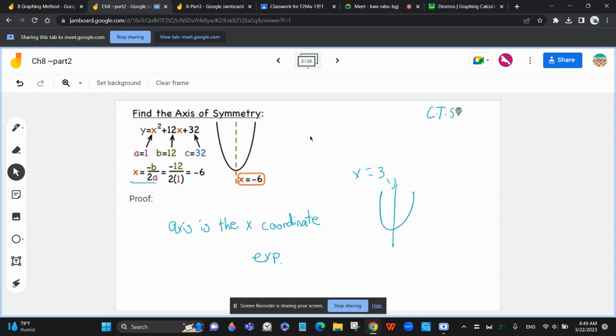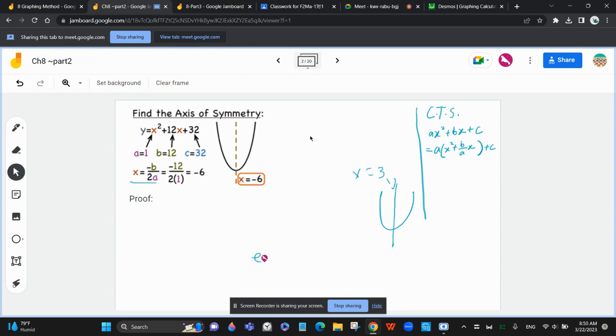Okay, so I will demonstrate how we do this completing the square. Let's say we have ax squared plus bx plus c. We first factor out a. What do we mean by completing the square?